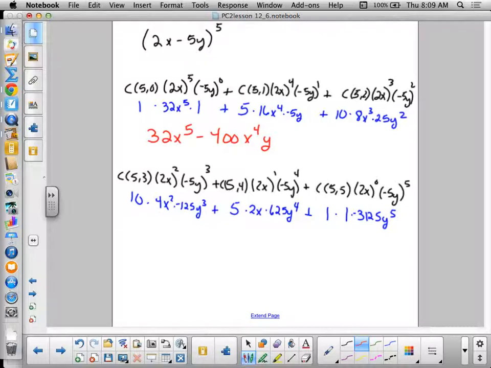So 80 times 25 is 2,000. 40 times 125 is 5,000. 6,250.